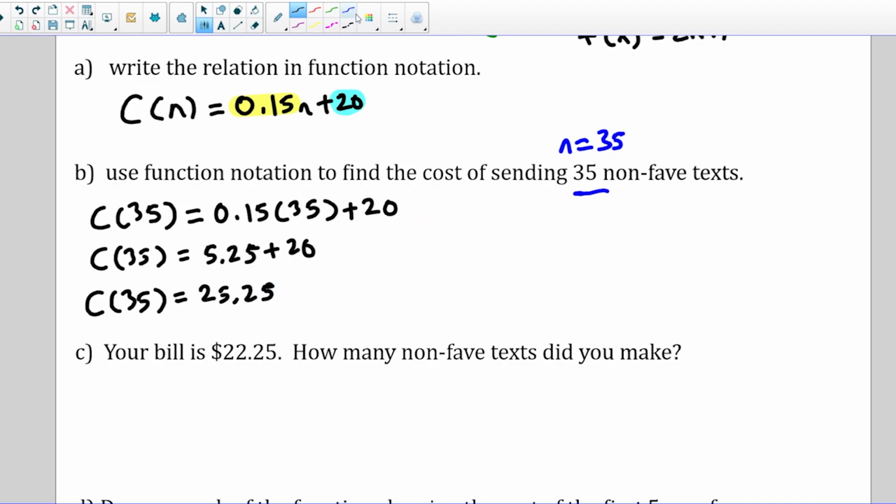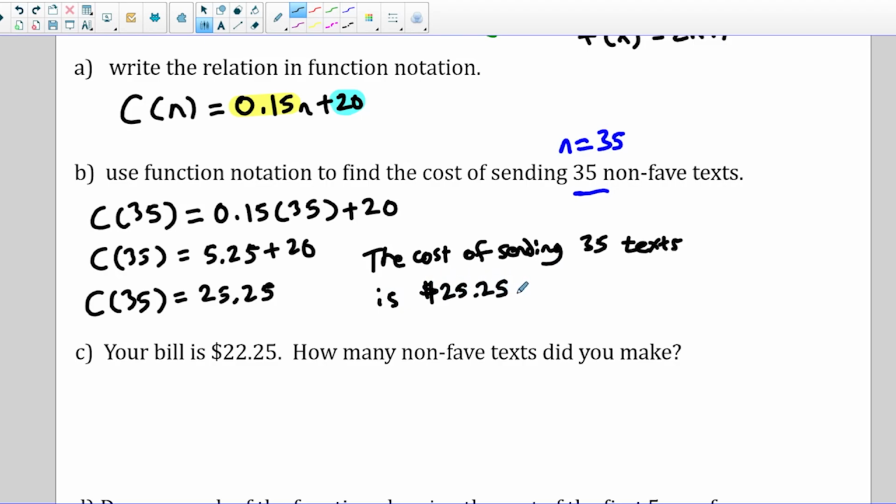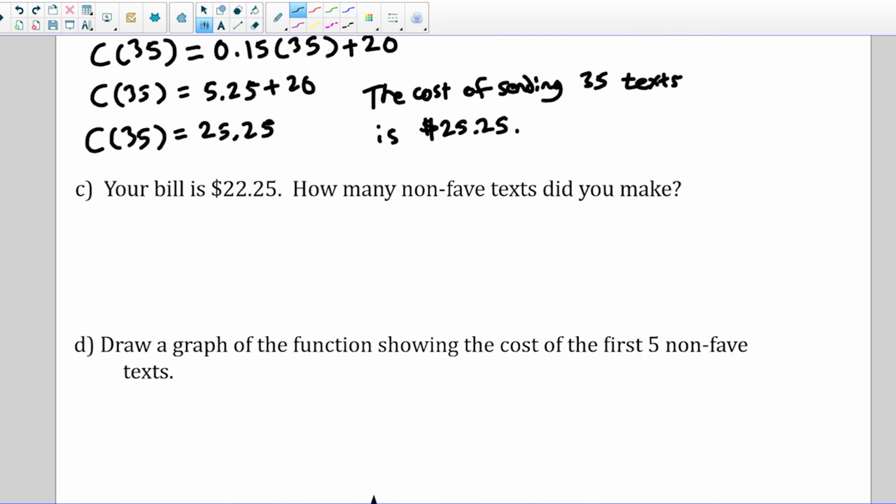So we can write a short little blurb here. The cost of sending 35 texts is $25.25.